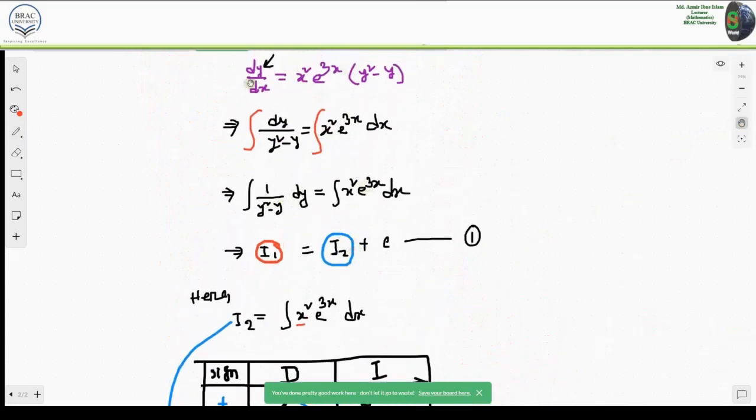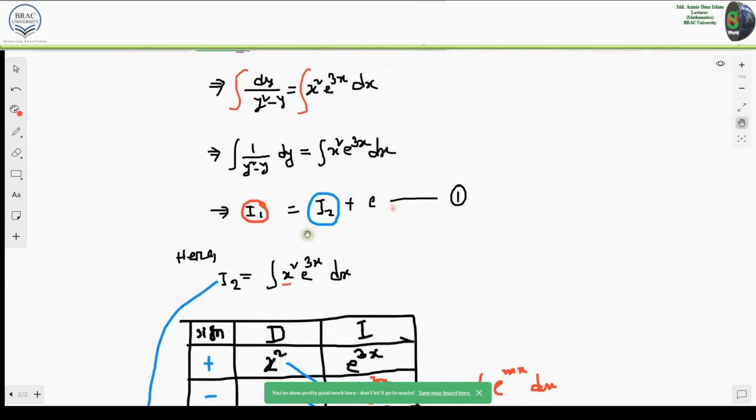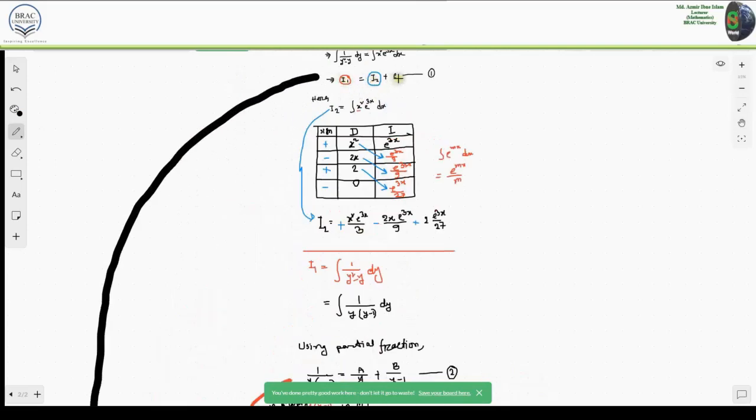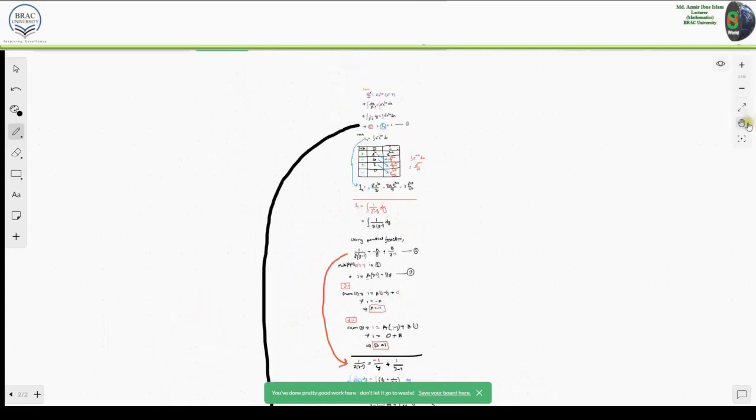That means this is the final solution for this differential equation, and that will be a general solution. It is a general solution because it involves a constant c. From equation 1 we can now write, that means we can just input I1 and I2, that will be our general solution.